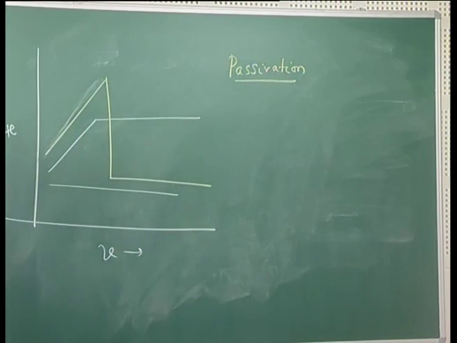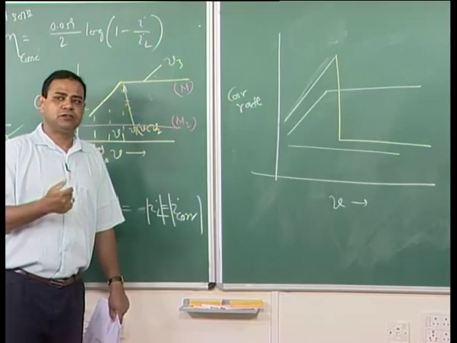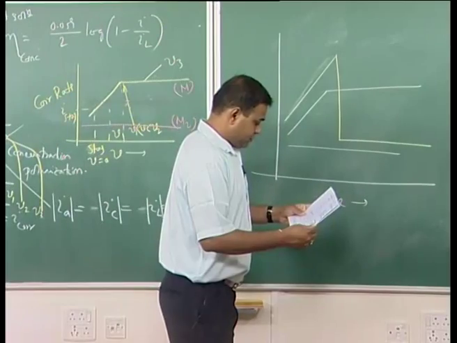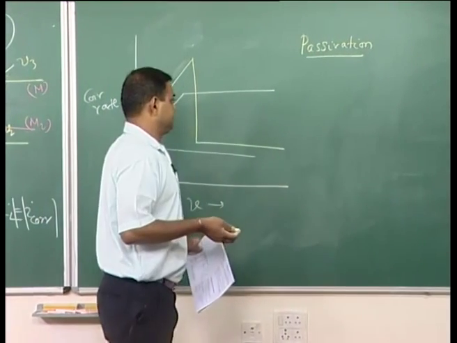Passivation. Now, when we talk about passivation, before going into the definition of it, let us understand the experiment that was carried out by Faraday. Faraday's experiment was very simple.